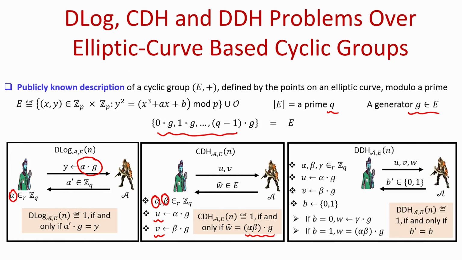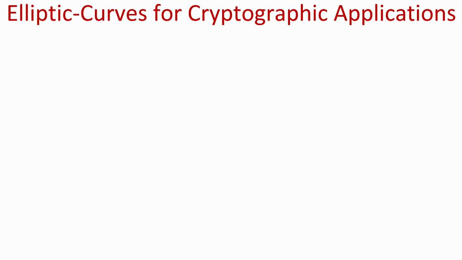And the DDH problem is: the challenger prepares a triplet where the first two components are random points from the elliptic curve, and the third component is either the output of the Diffie-Hellman function with respect to the first two components, or a random point from the curve, and the goal of the adversary is to find out whether he is seeing a Diffie-Hellman triplet or a non-Diffie-Hellman triplet.